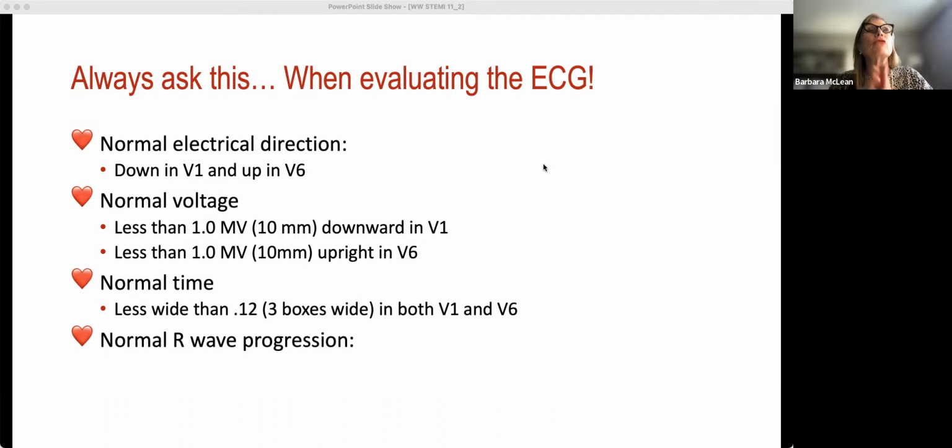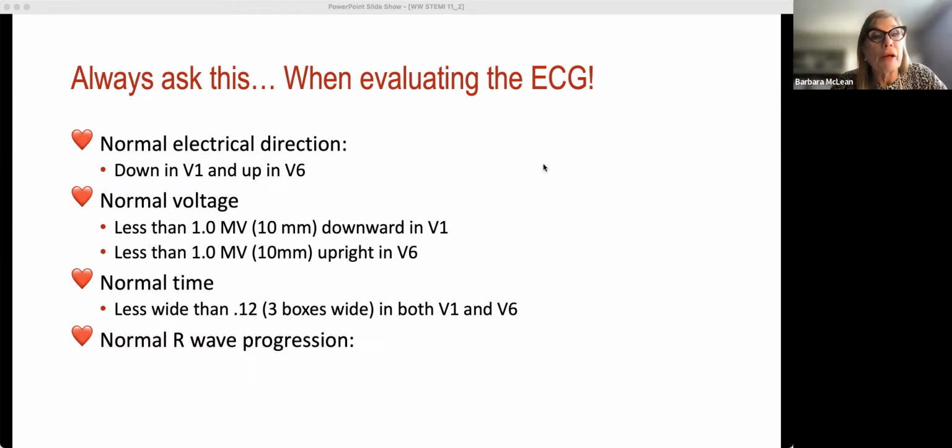The normal, common direction is to the left heart. What that means is that in V1, the primary direction will be downwards, and in V6, the primary direction will be upwards. That's the first thing you have to look at, and that's pretty simple. Is it down or is it up? V1 should be primarily down, V6 should be primarily up.